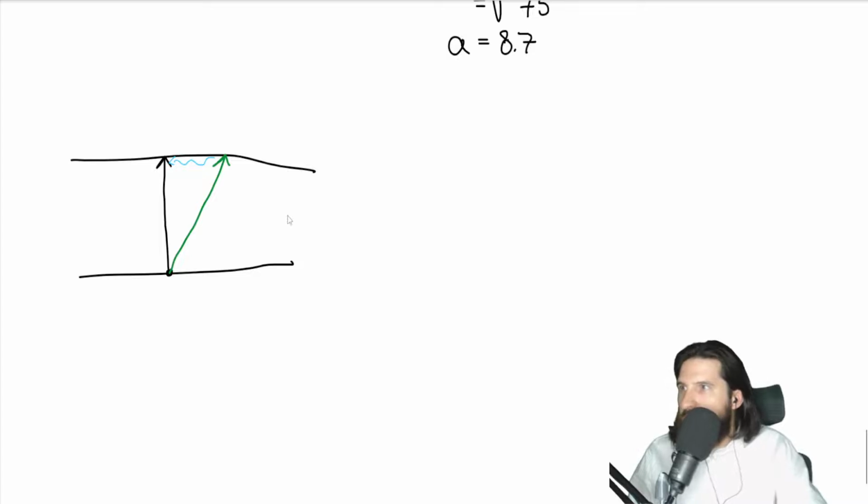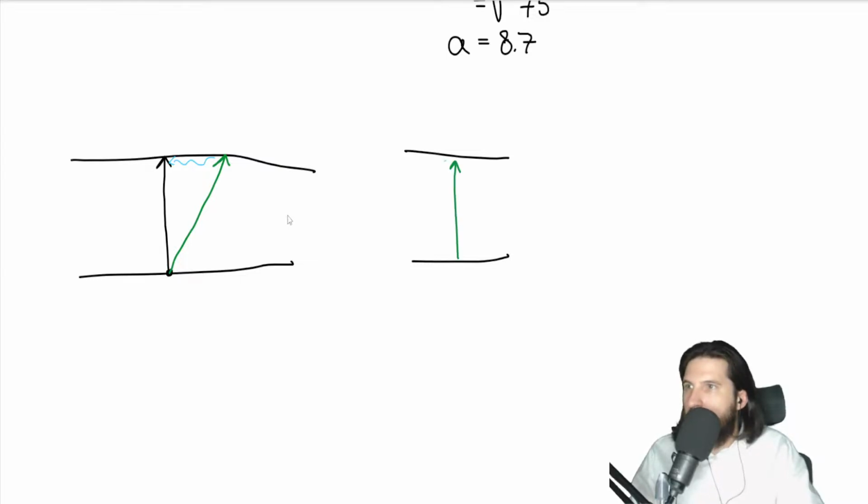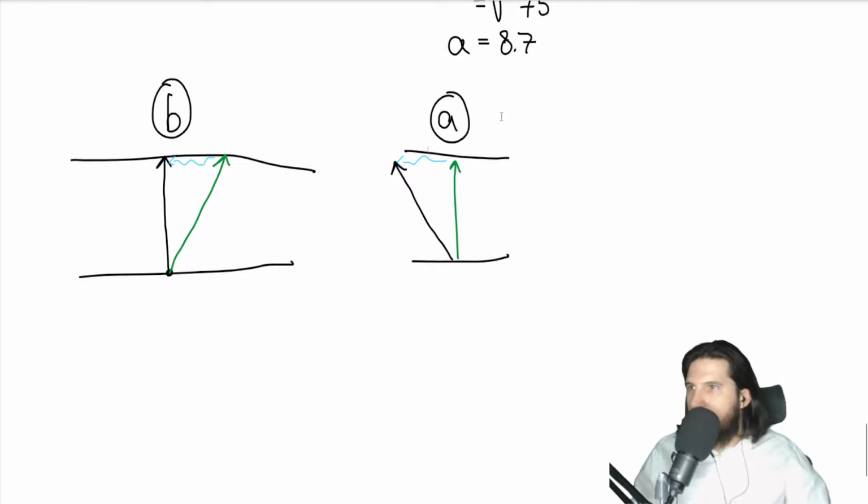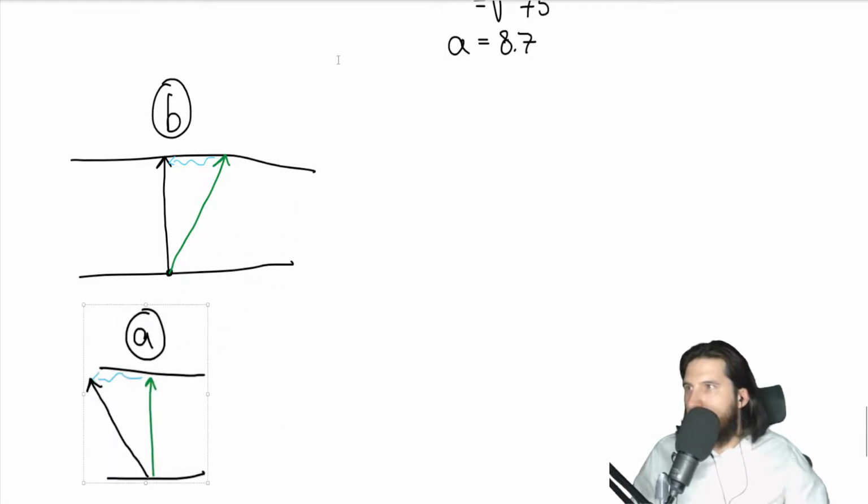Let me write this here. So this was the scenario from B, and this was the scenario from A. Right?